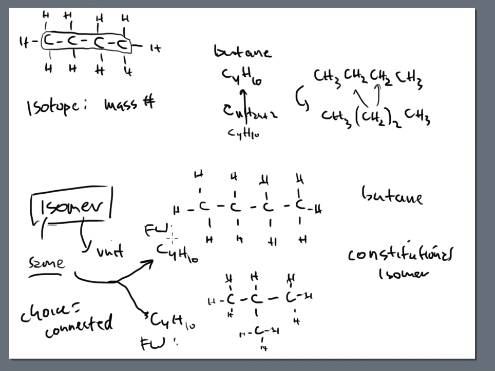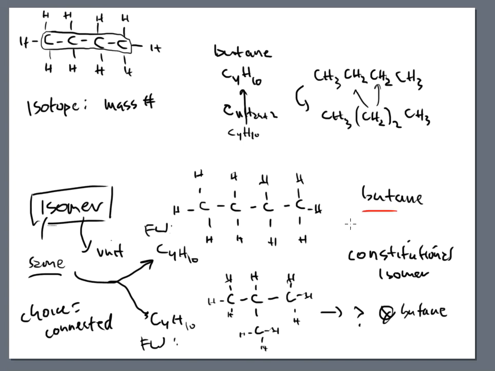So, as you can imagine, the bigger the molecules that we're going to get, the more choices we have to draw them. And more choices means more options, which means more names, and that complicates things quite a bit for us, right? So this is called butane, and this structure, it's not called butane, okay? Butane can only represent one structure, and that's it.